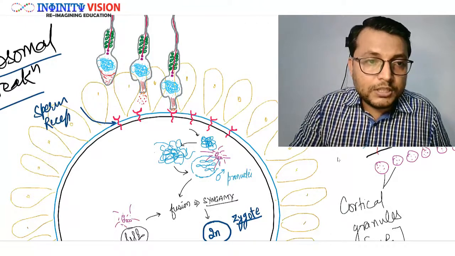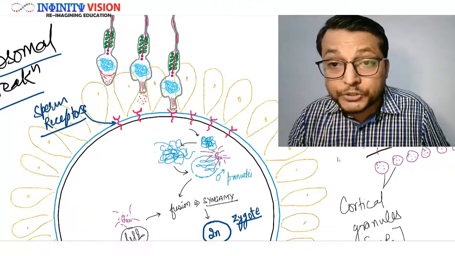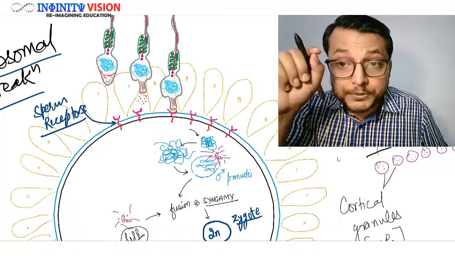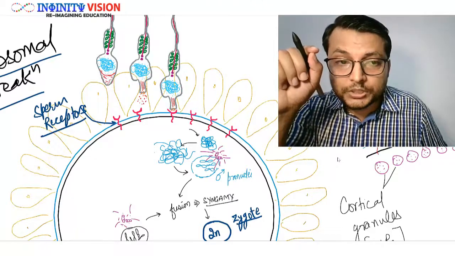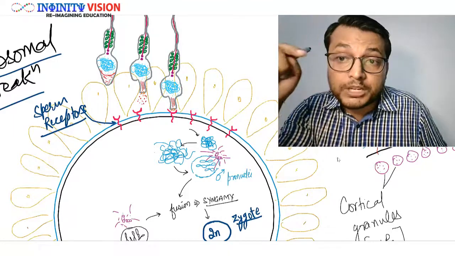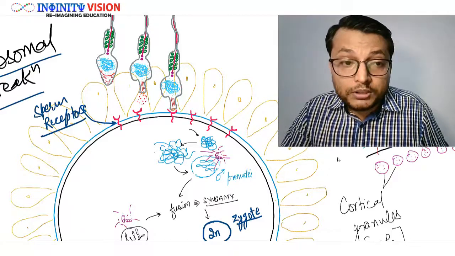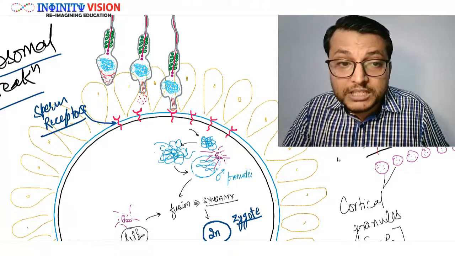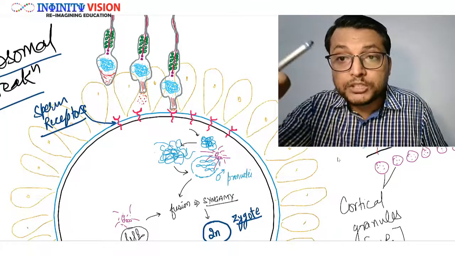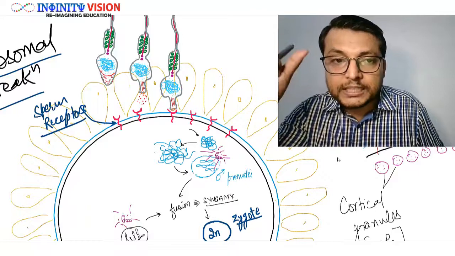Why do we call them sperm receptors? Because these are going to bind with the sperm. So these sperm receptors are present on the membrane of the zona pellucida, and they are crossing all the way through the perivitelline space and going into the oocyte. Can you see? Great. Now what happens?